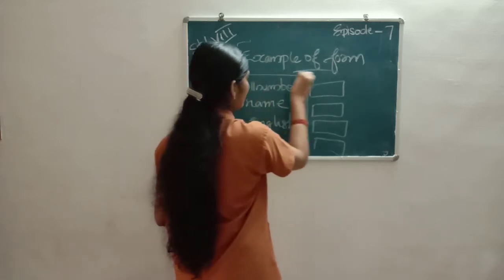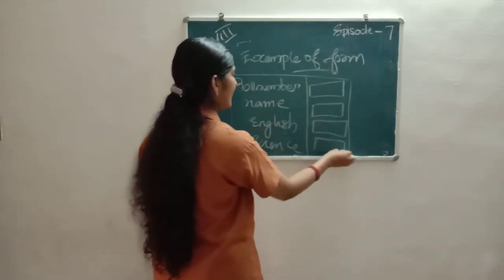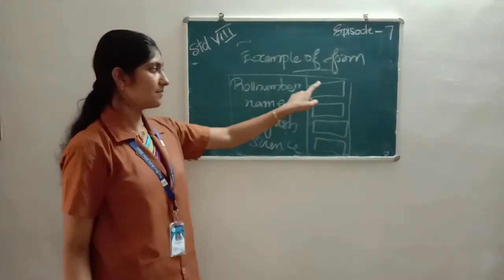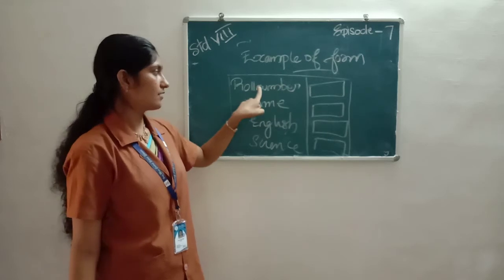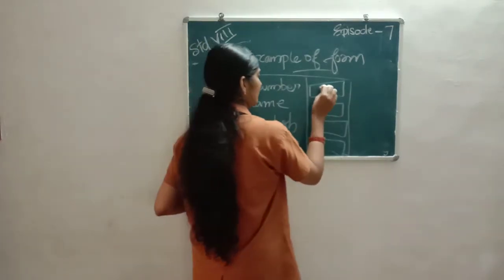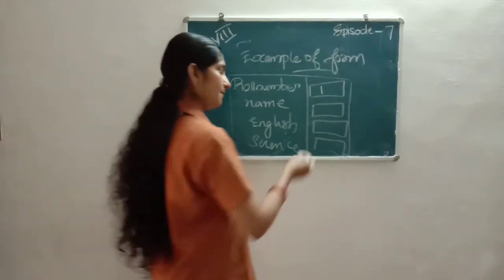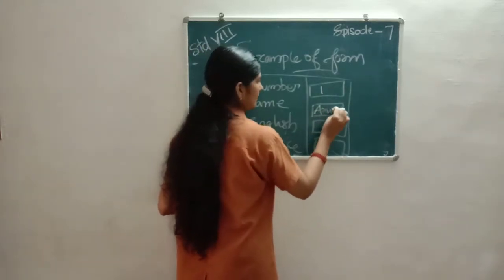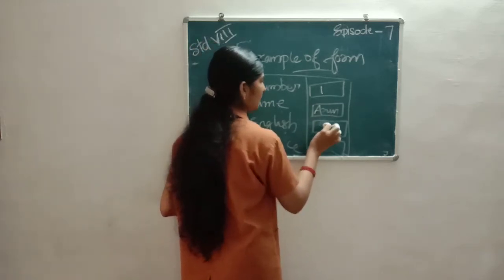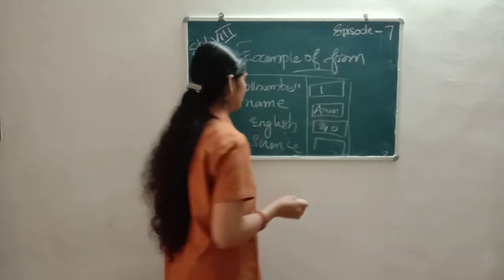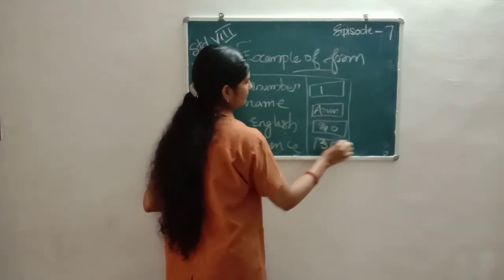So here this is a form, and it contains some text boxes to enter the data. For example, now I enter number 1, name Arjun, English marks 40, then science 35.